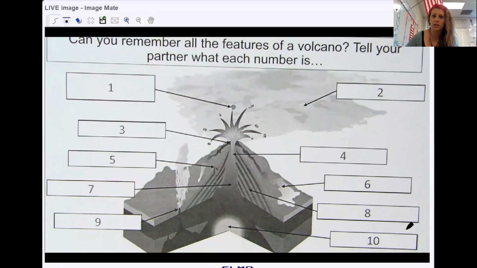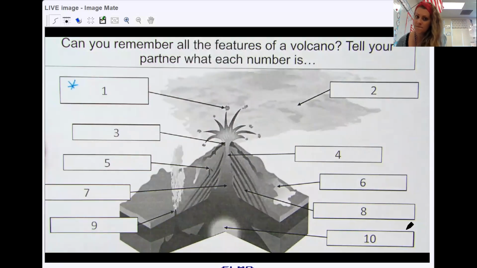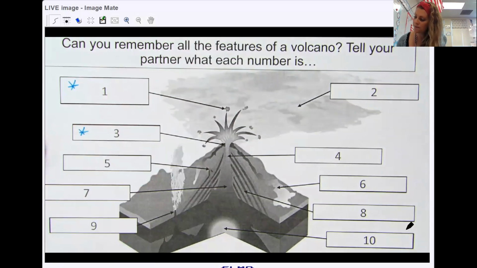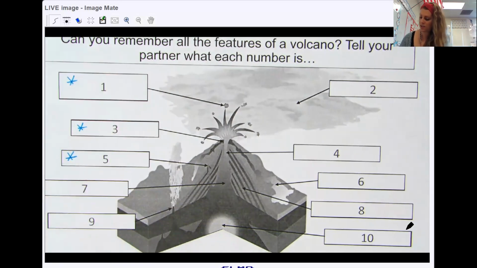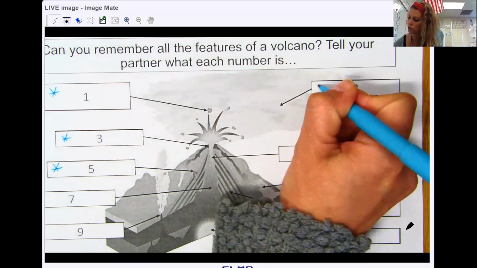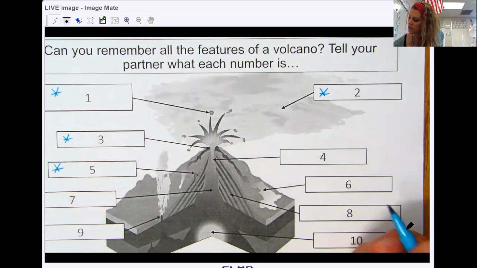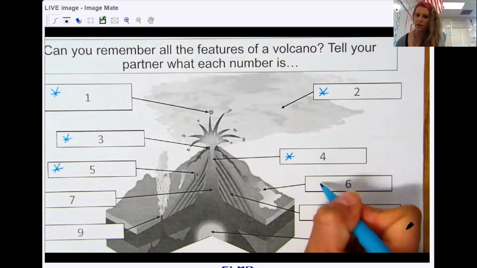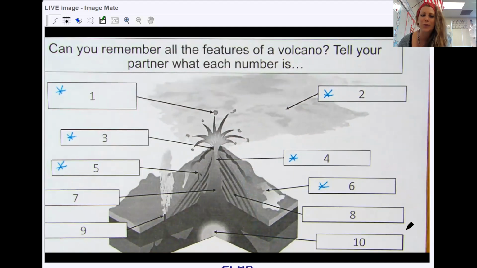You will post your answers for number 1, 3, 5, and what else? Let's do 1, 2, 3, all right. Did I confuse you yet? So 1 through 6. You're going to post your answers for 1 through 6.